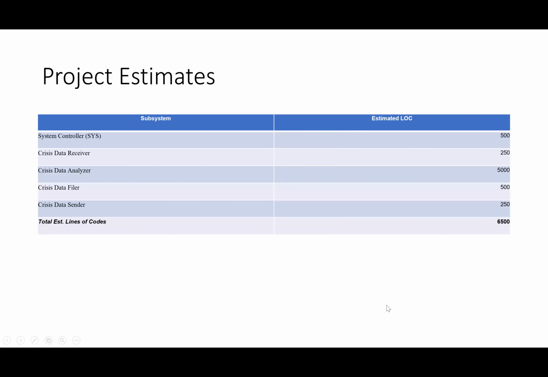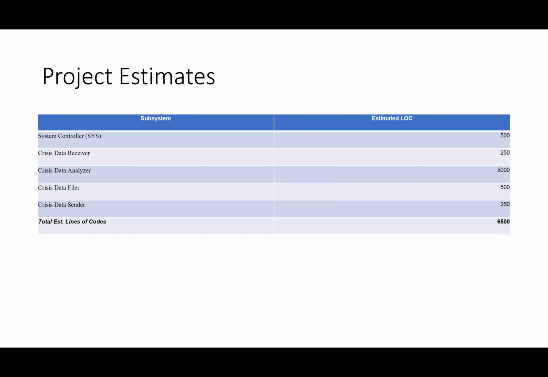Now going into the estimated lines of code for this software. The system controller is estimated to have 500 lines of code. Then the crisis data receiver is estimated to have 250 lines of code.